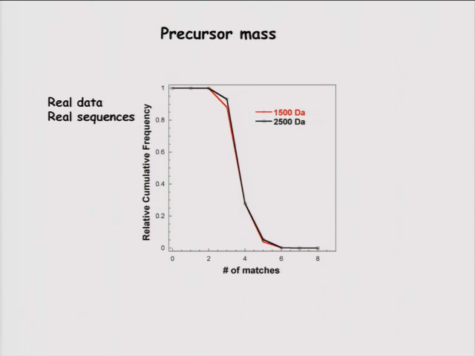And since we have now both a distribution for searching the real sequences and a distribution for searching the fake sequences, we can do an FDR computation for this case.